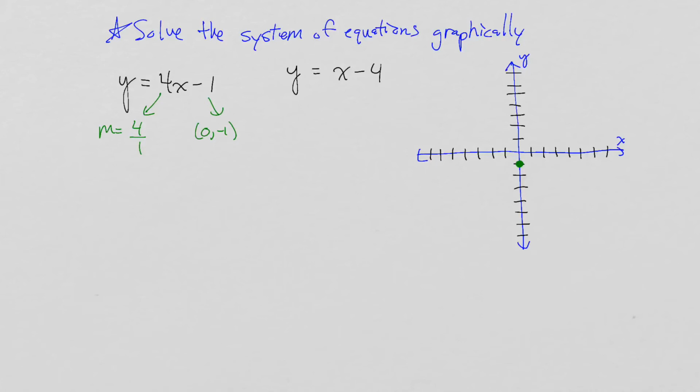And then the slope is telling us to go up 4 and to the right 1. So we're going to go up 4, 1, 2, 3, 4 over 1 right here. And to get the point on the left side, we can go down 4 and back 1. And that way we have both sides of this.